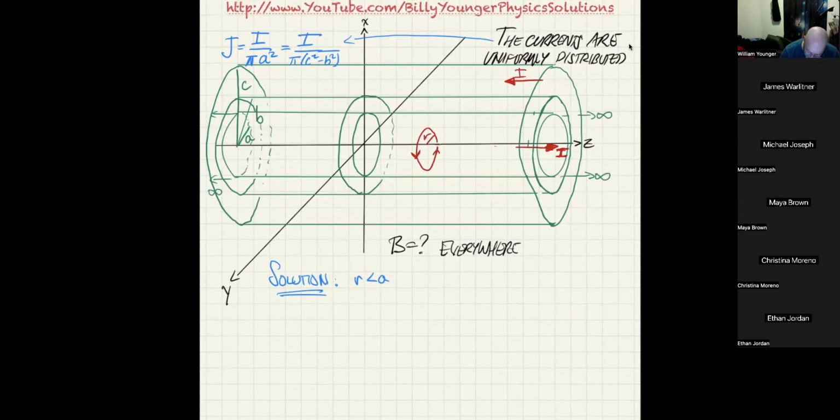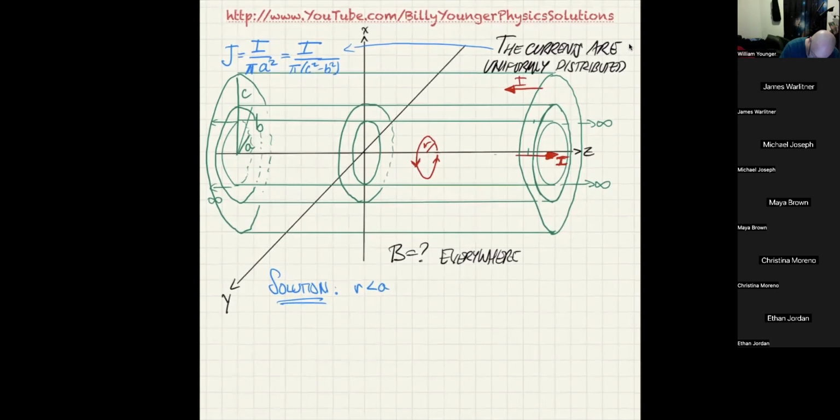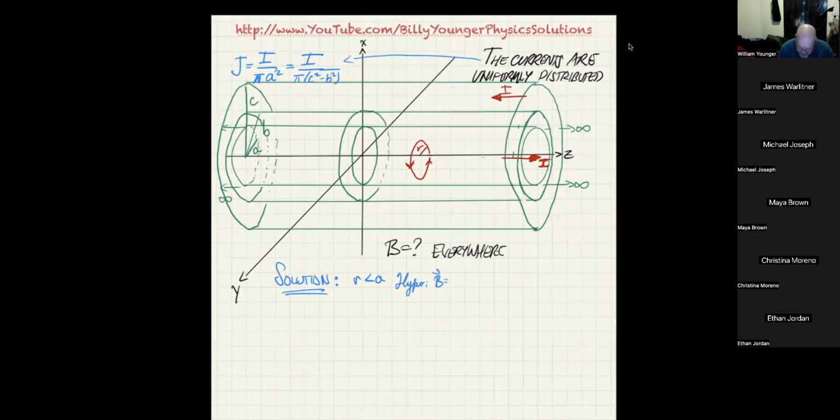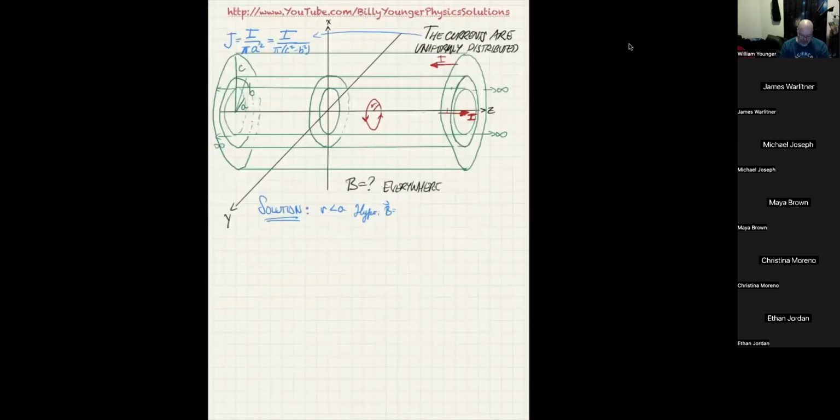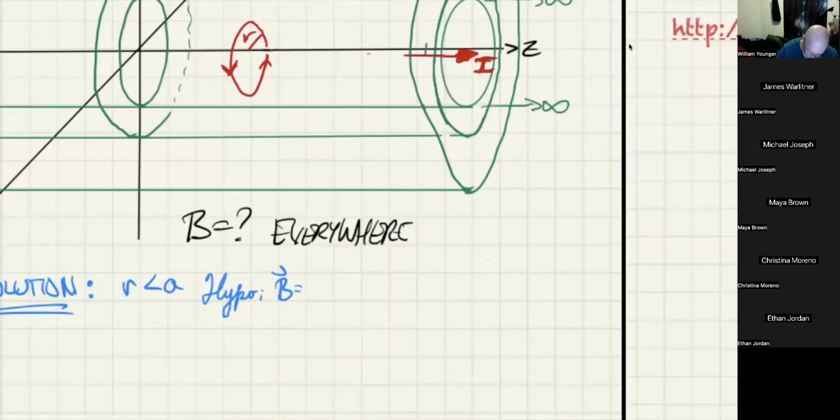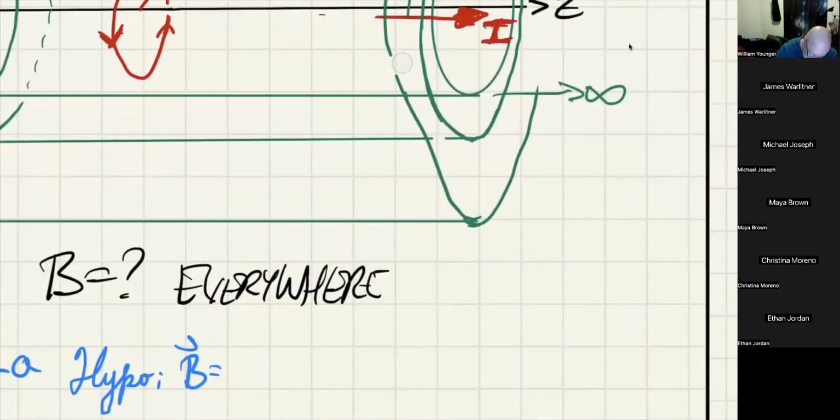Does anybody want to guess what my hypothesis is for the direction of the magnetic field? Nobody? Is it in the K hat or the R hat?